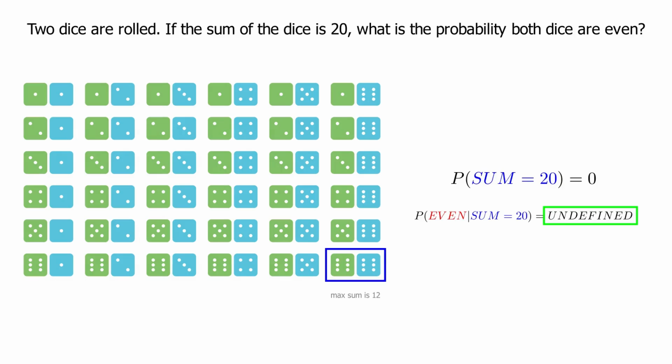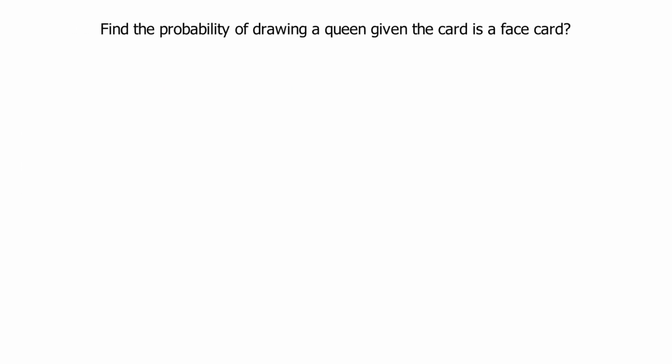So for our next example, it says find the probability of drawing a queen given the card is a face card. So this time we're switching up and we're now dealing with cards. Fun, right? So let's first identify all that we're given, which is all the face cards. As you know, in a standard deck of cards, we have 52 cards.